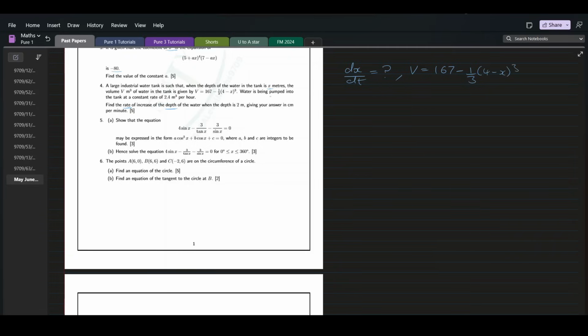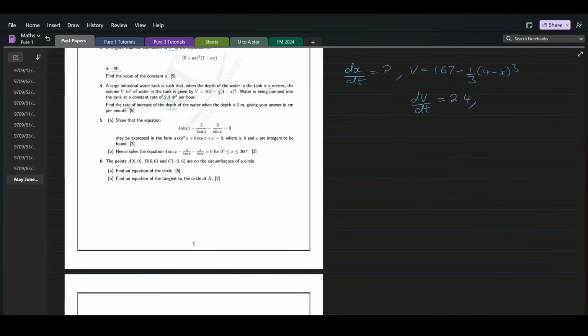We are given water is being pumped into the tank at a constant rate of 2.4 cubic meters per hour. Since water is being pumped into the tank, it means that the volume is changing, and we're told that this is at a rate of, so we represent this as dV/dt since it's the rate at which volume is changing, and this is equal to 2.4 cubic meters per hour.